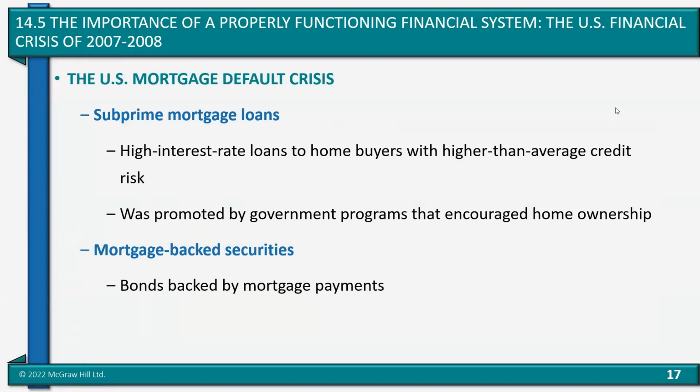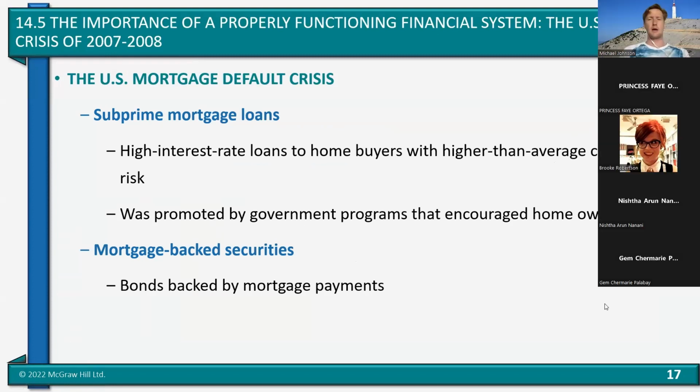We're going to go through what happened in 2008. So there were a lot of issues in the financial market in 2008, because of subprime mortgage loans. They were high interest rate loans to home buyers with higher than average credit risk, and they were promoted by government programs that encouraged home ownership.